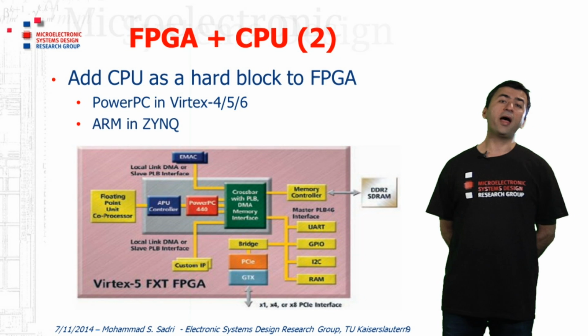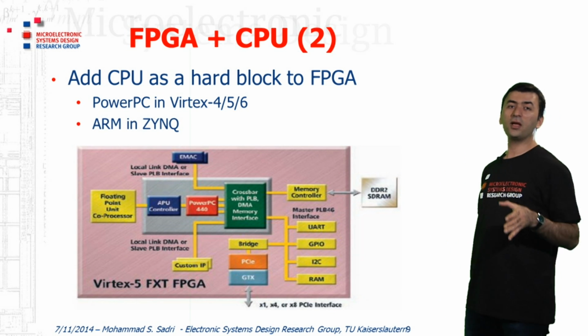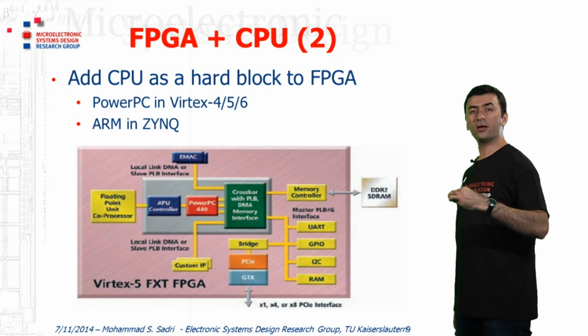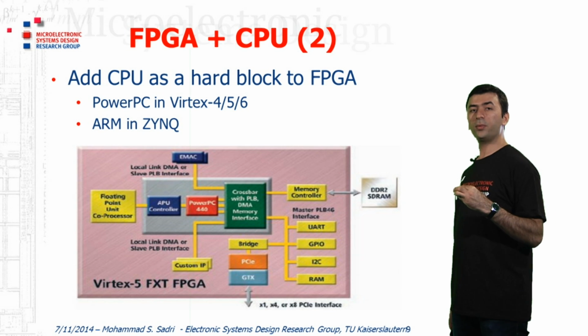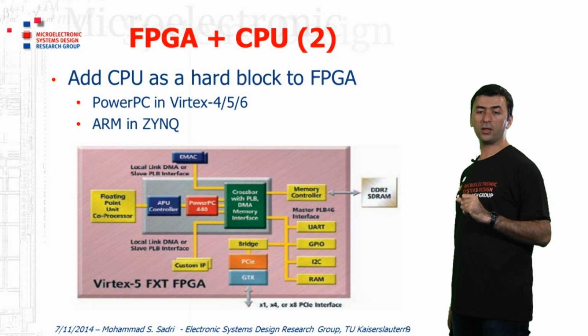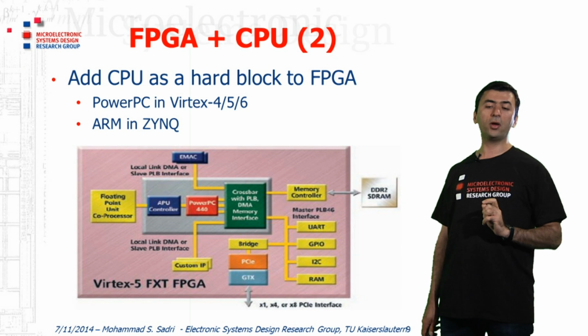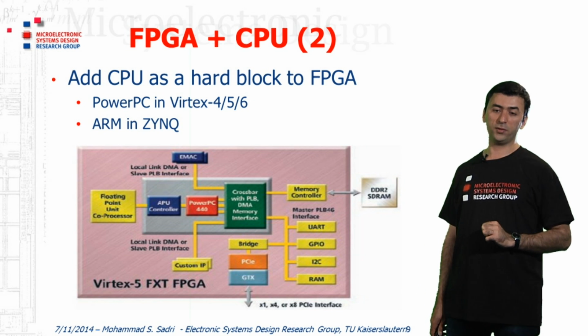So what has happened over time? The FPGA maker companies have tried to integrate the CPU core itself as a hard IP block, as a hard component, into the heart of the FPGA. Here is an example. This is a simple block diagram of the Xilinx Virtex 5 FX FPGA.